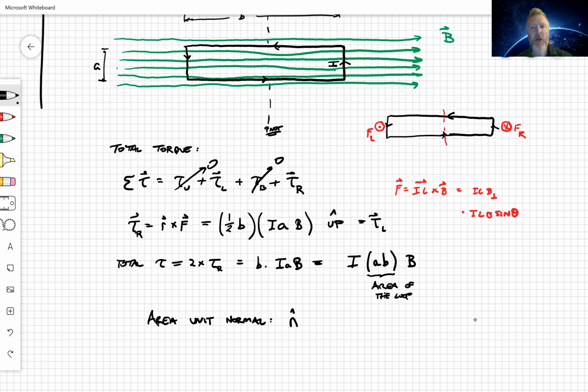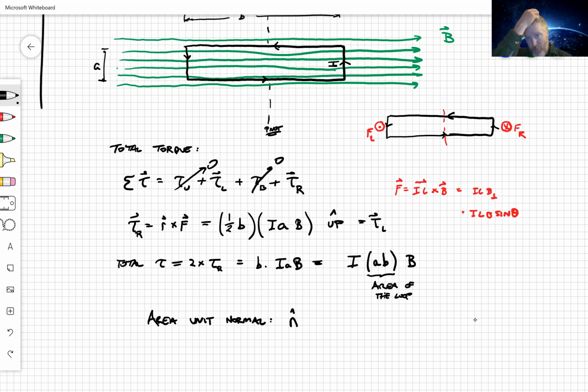So if I take the current and make the unit normal right-handed with the current, because ultimately with an area, you could define one of two directions, right? You have your choice. I could say it's pointed out of the page, or into the page from this perspective.